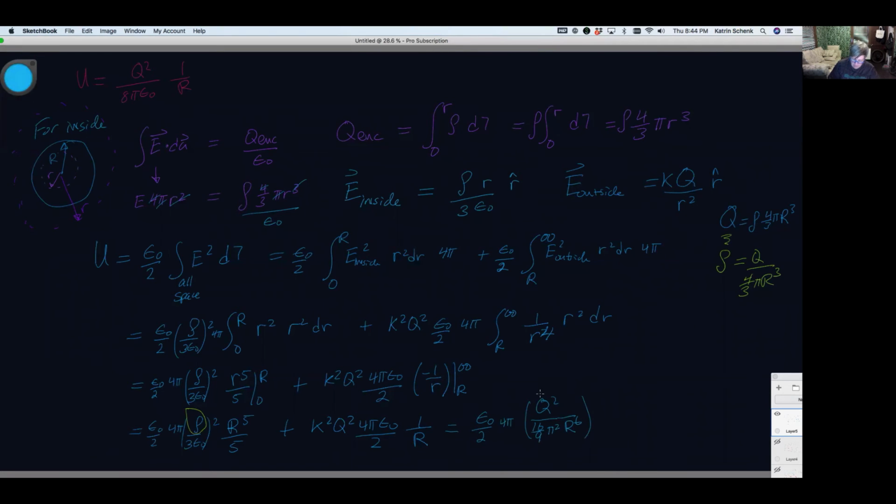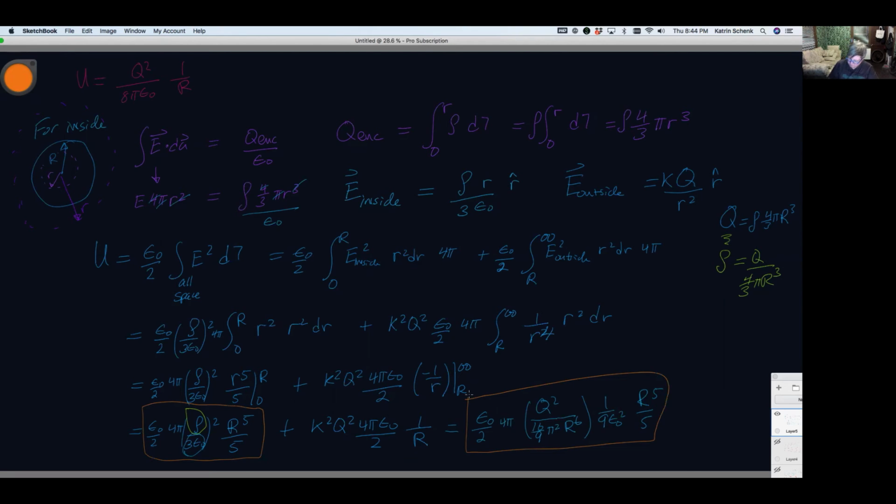And then I have this guy here, 1 over 9 epsilon naught squared, and then r to the 5th over 5. So that's our first term here, and that becomes this. Now I'm going to do a little simplification before I write down the second term.